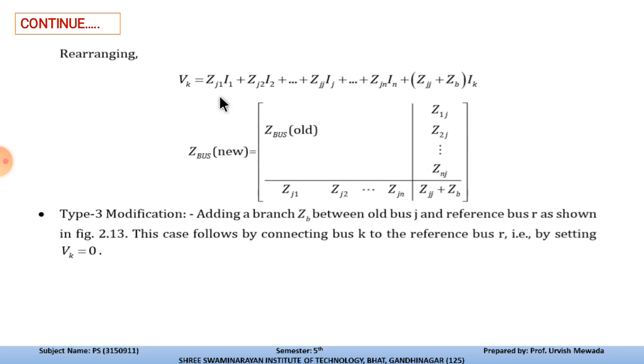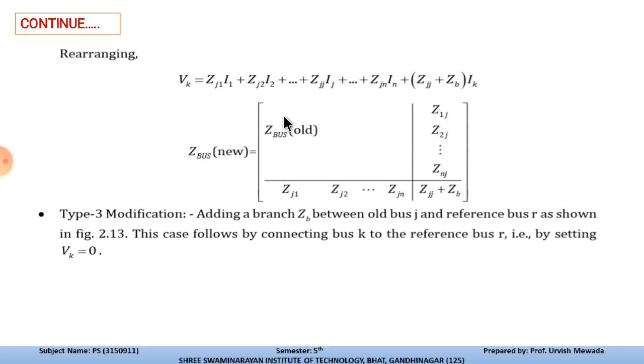The modification done is that Zj1, the jth column, becomes Z1j, Zj2 becomes Z2j, and Zjn becomes Znj, and the addition of all these impedances is Zjj plus Zbb. So this is the new matrix that we formed after step number 2.